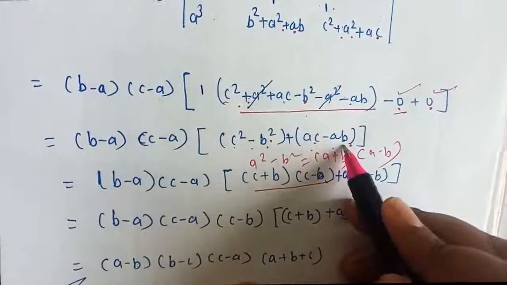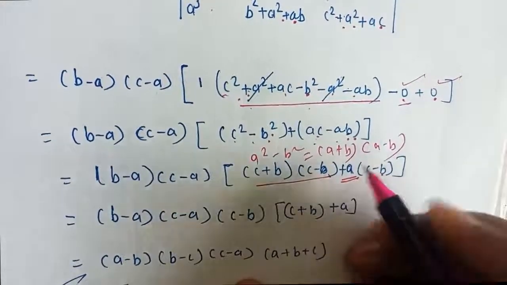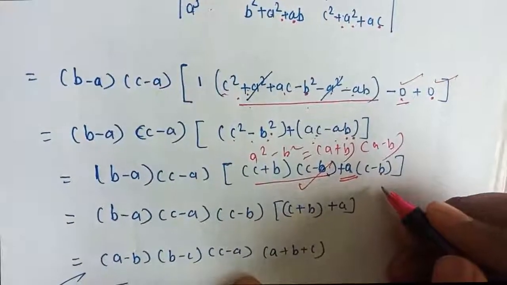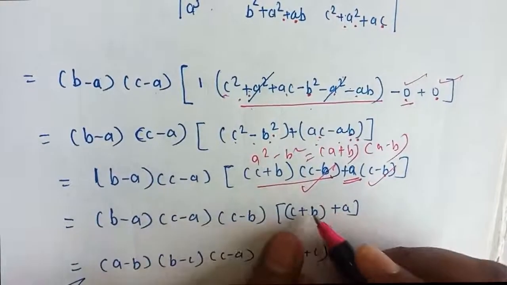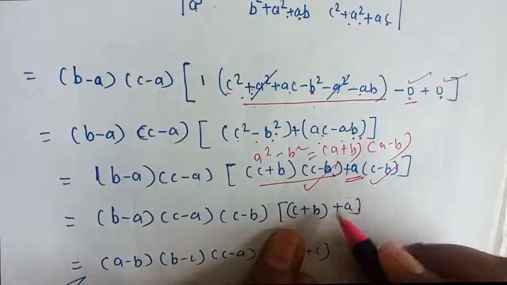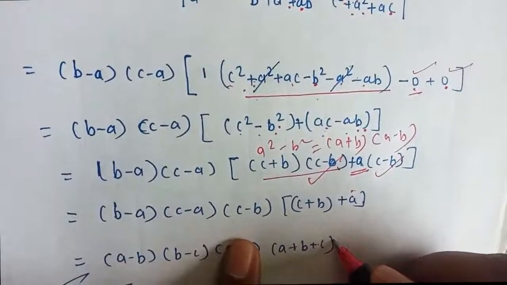And next is ac minus ab, where a is common, so it will be a into c minus b. Remember here c minus b and here c minus b is common, so take c minus b common, and it will become c plus b plus a, so removing the brackets it becomes a plus b plus c. And these are the 3 brackets common, so ultimately we get the answer.